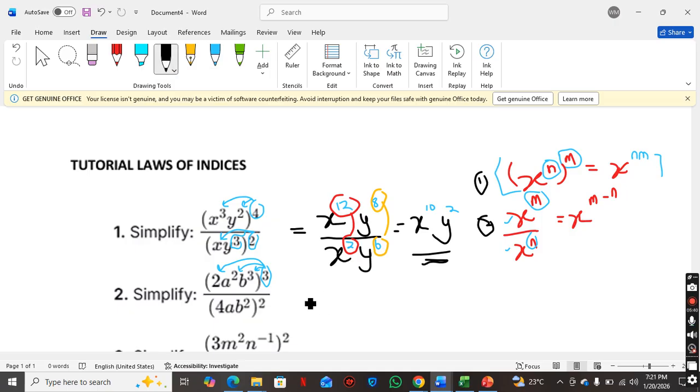So what it's going to look like now is 2 to the power 3. Then we have a to the power 3 times 2, that is 6, a to the power 6. And then b to the power 3 times 3, that is 9, b to the power 9.